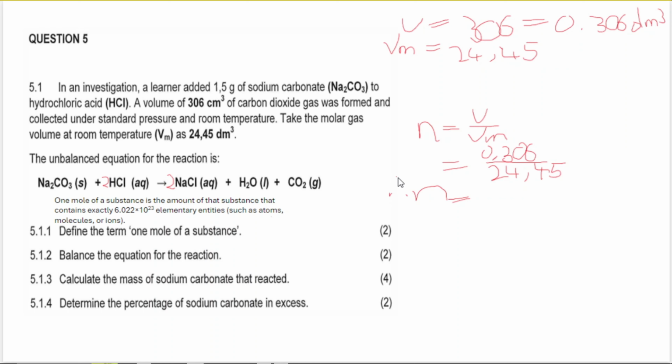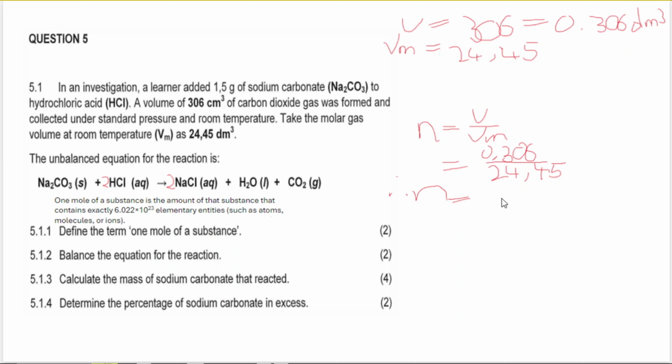Okay, and then therefore, the number of moles equals, so let's put it in the calculator, 0,306 divided by 24,45, and that equals a big number. So when you get a big number like this, it is best to round off to the nearest 4 decimals, because we're going to use this again. So don't round it off to the nearest 2, because you're going to get different answers compared to the memo, right?